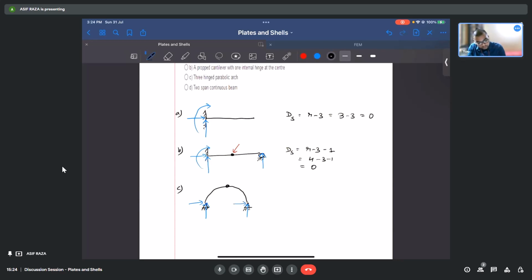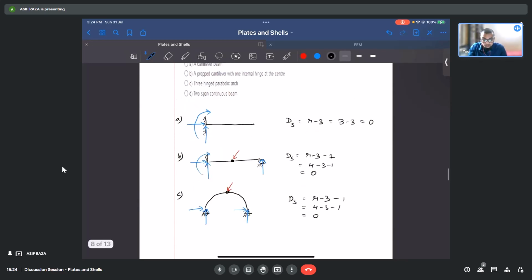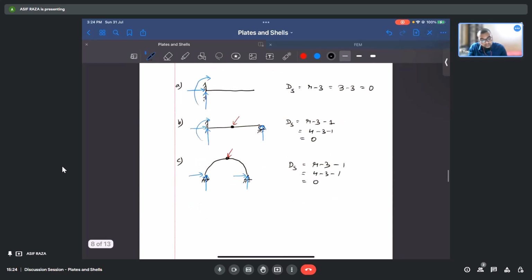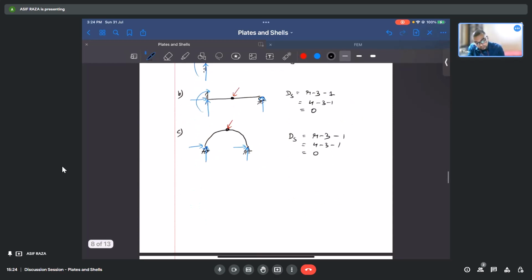So the degree of indeterminacy would be r minus 3 minus 1, as we'll have an additional moment equation from the hinge. Overall we'll have 4 minus 3 minus 1, which gives 0. So the 3-hinge parabolic arc is also a statically determinate structure.